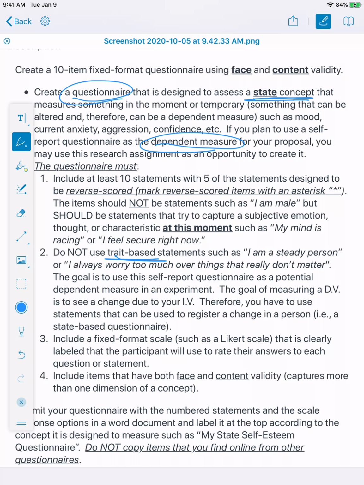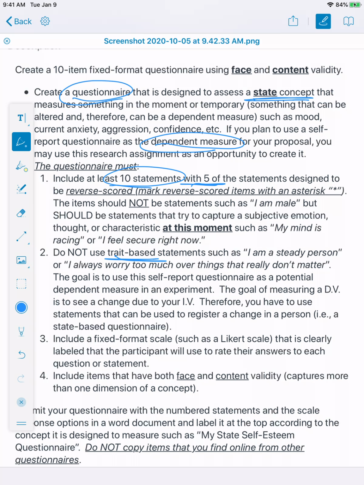So as part of writing assignment 4, I want you to come up with 10 statements. 5 of those statements should be reverse scored, or in such a way that they're reverse coded when you code this questionnaire. In other words, if I'm going to measure how confident someone feels in this moment, 5 of my statements would be designed so that someone would have to strongly agree if they feel really confident.